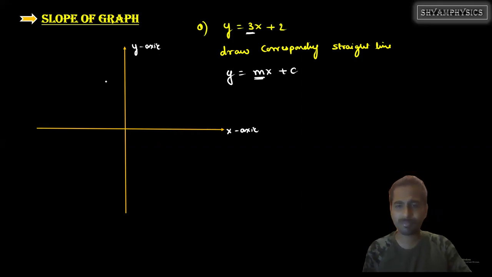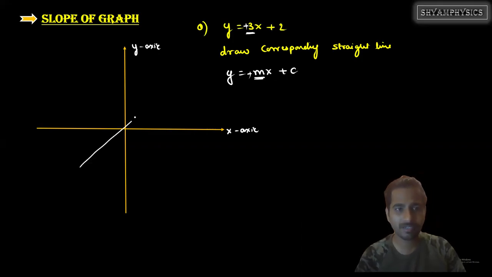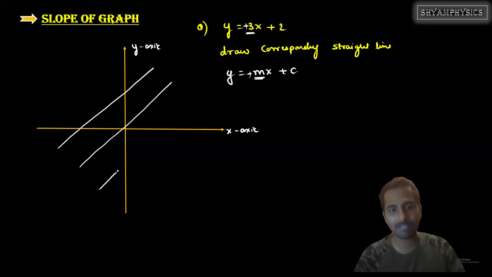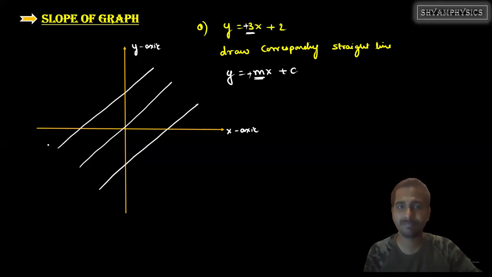The slope is positive, right? Positive slope means the angle should be less than 90 degrees. So we need to draw one line like this, or otherwise like this, or otherwise like this. The slope is positive in all three cases: 1, 2, 3.